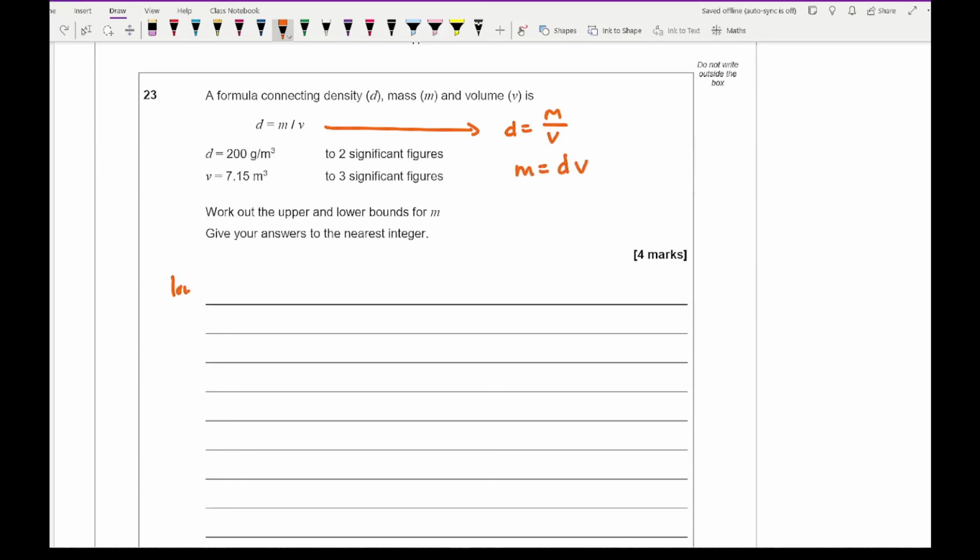Now for the lower bound, because I'm multiplying, I want the smallest, a small d times a small v. Working these out in terms of the upper and lower bounds, d has been rounded to the nearest 10, so that's going to be 195 to 205.